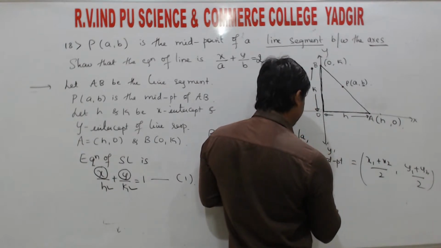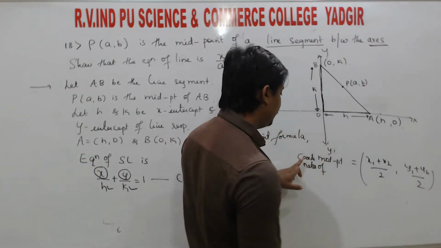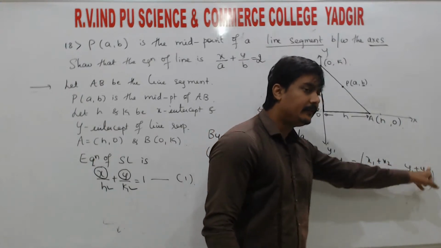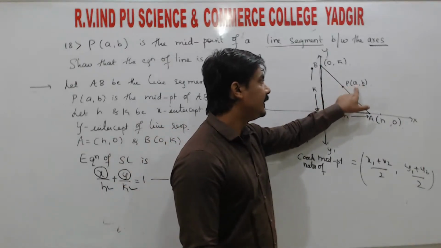Coordinates of midpoint. So how do we find the coordinates of the midpoint? (x1 plus x2) by 2 comma (y1 plus y2) by 2. Here (a, b) is our coordinates of the midpoint.